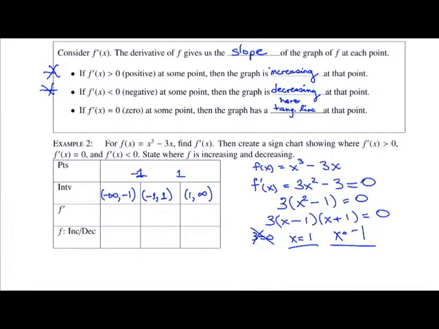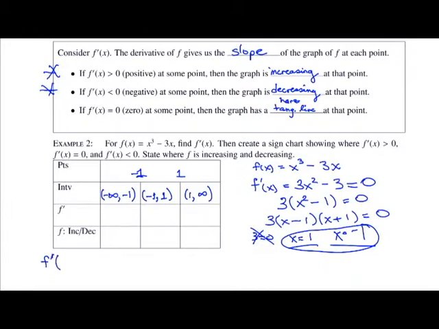In the third row, we need to put down whether the derivative is positive or negative. We know that it's never 0 inside any of these intervals because I have already found where the derivative is equal to 0. It is equal to 0 at these 2 points and these 2 points alone. So we do the test, and we're going to test it in the derivative function. So we're going to pick a number from this first interval right here.